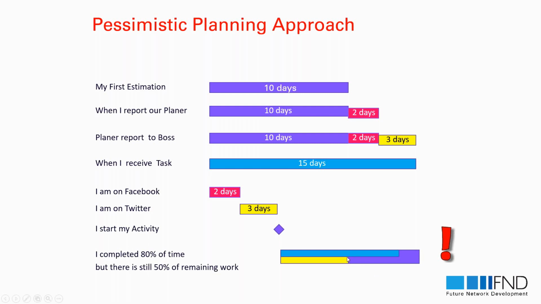So what's happening? After I start in 10 days, I just realize 80% of the time is left, but I have not delivered 50% of the job, because it might happen that my first estimation was not correct. That's why I have some trouble later.